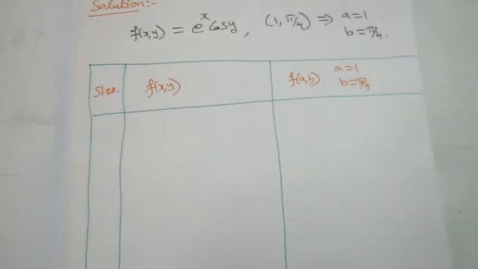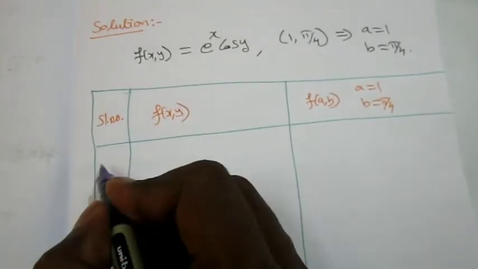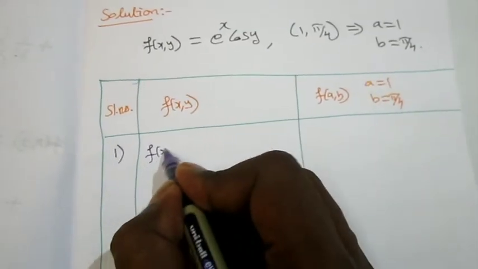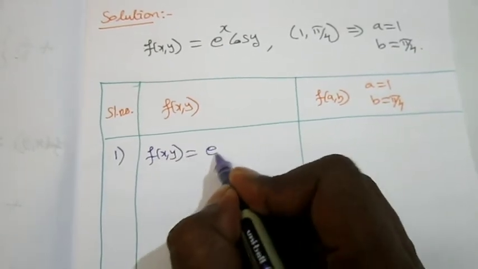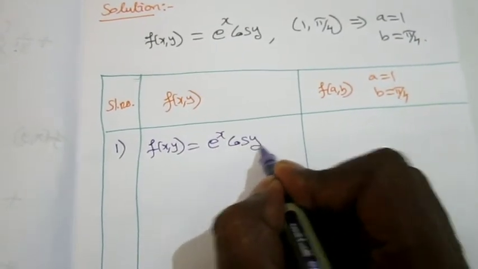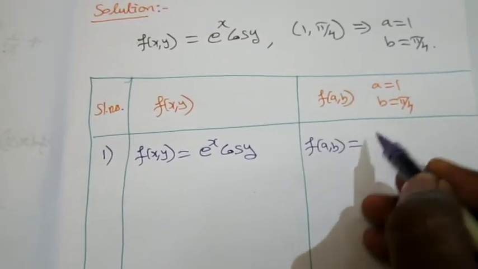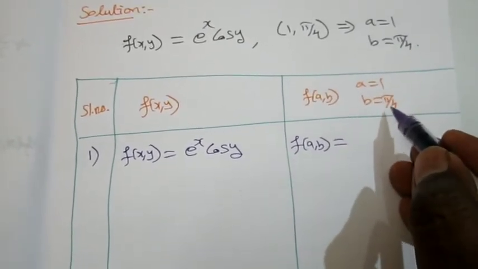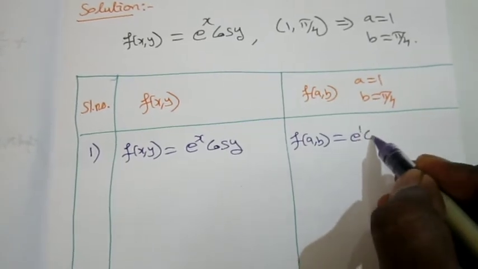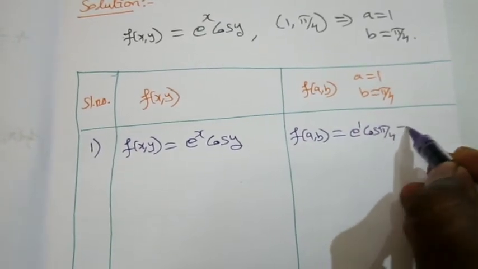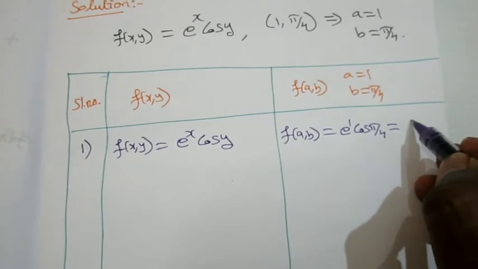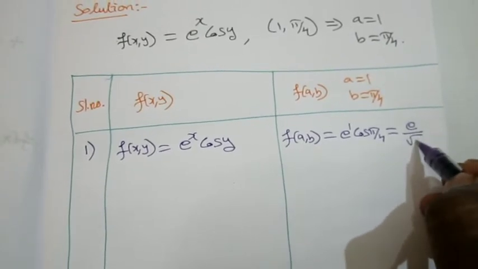First, f of x comma y is the given function e power of x into cos y. So here f of a comma b, x is 1, y is pi by 4, e power 1 into cos pi by 4. Cos pi by 4 is 1 by root 2, therefore e by root 2.